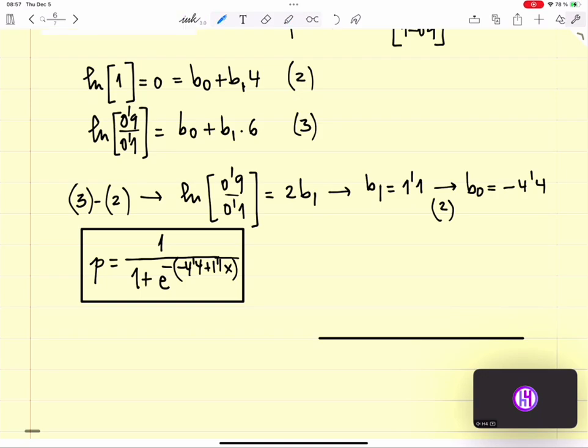And then the equation looks like this. Let me plot it here, wait.